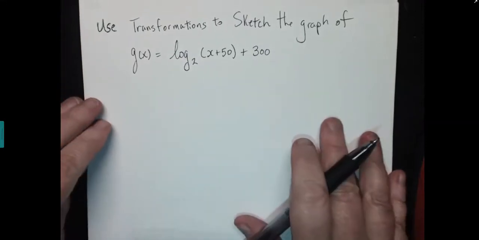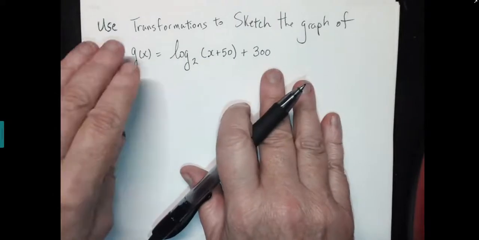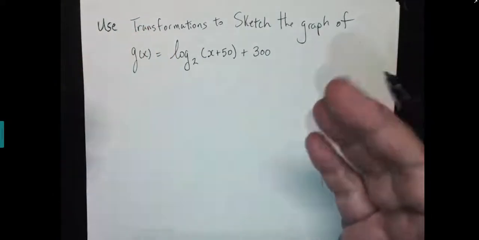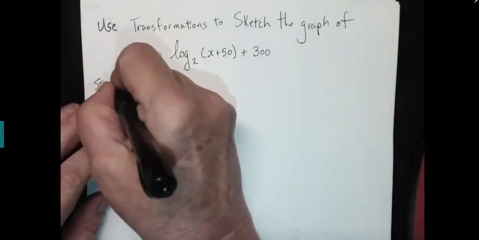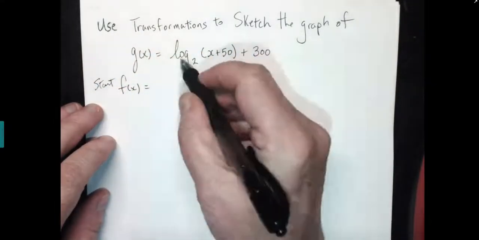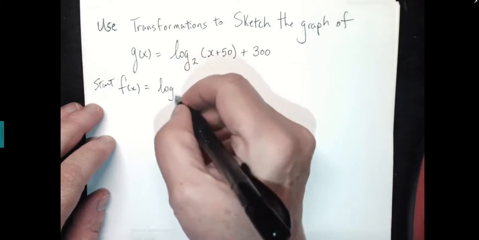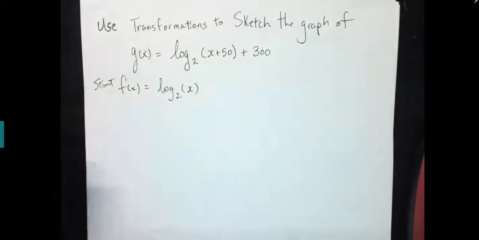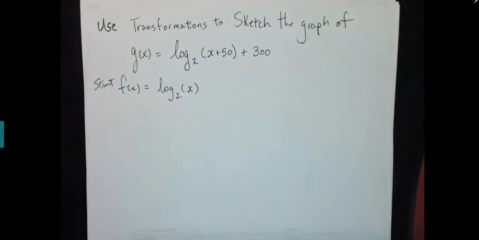The thing to recognize is that if I'm going to use transformations, I'm going to start with the basic logarithmic function, taking it at base 2, and just having x there. We do have two basic ways we can look at this.